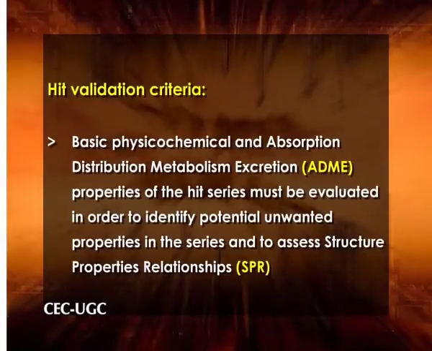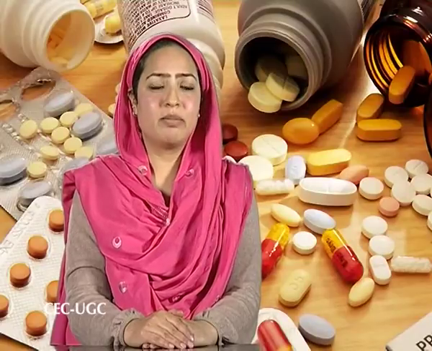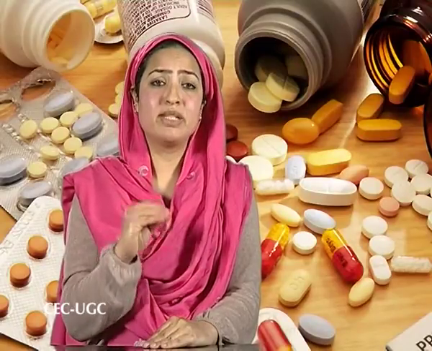Basic physicochemical and ADME properties of the hit series must be evaluated in order to identify potential unwanted properties in the series and to assess structure properties relationships, SPR. The hit should not contain chemically reactive functions, and the hit must provide patent opportunities. Only then does it become a lead substance commonly named lead.